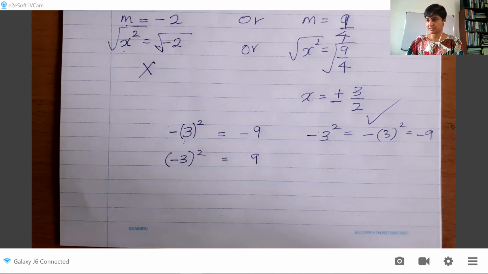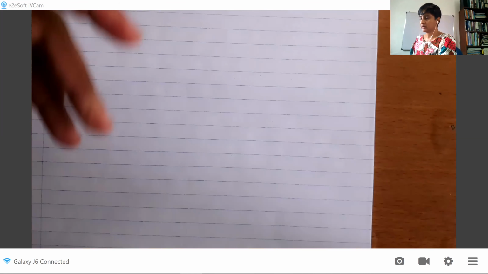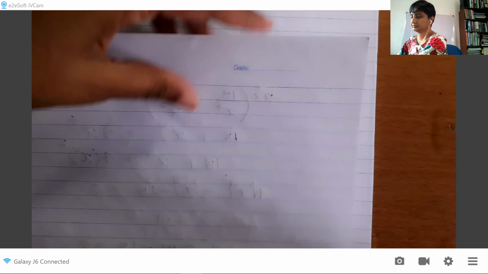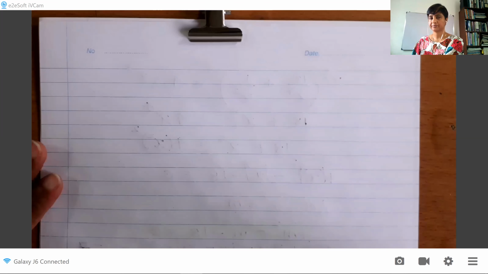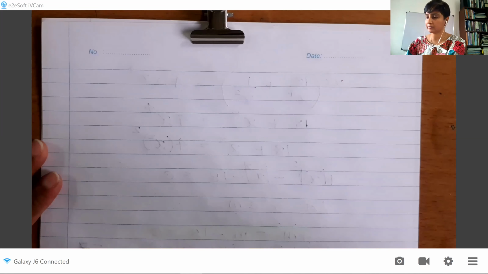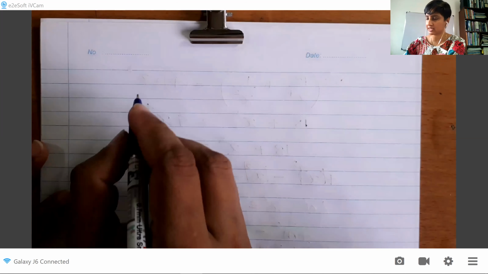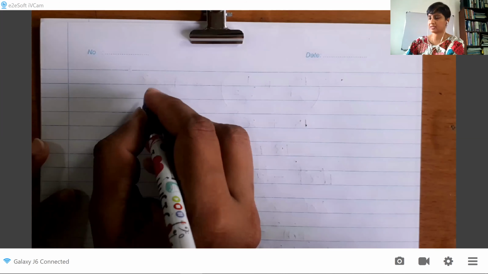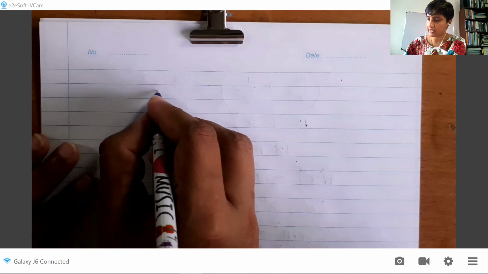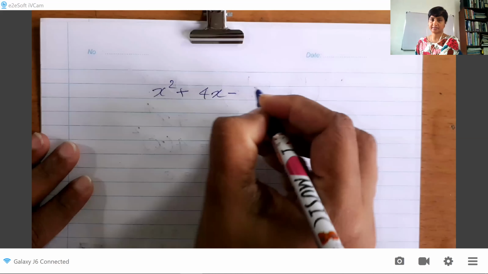Two things about this discriminant, okay? First, say I give you a quadratic. x squared plus 4x minus 3 or something like that.